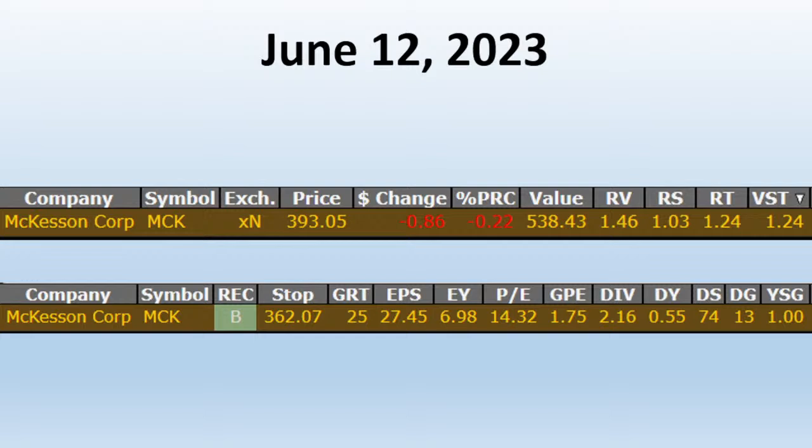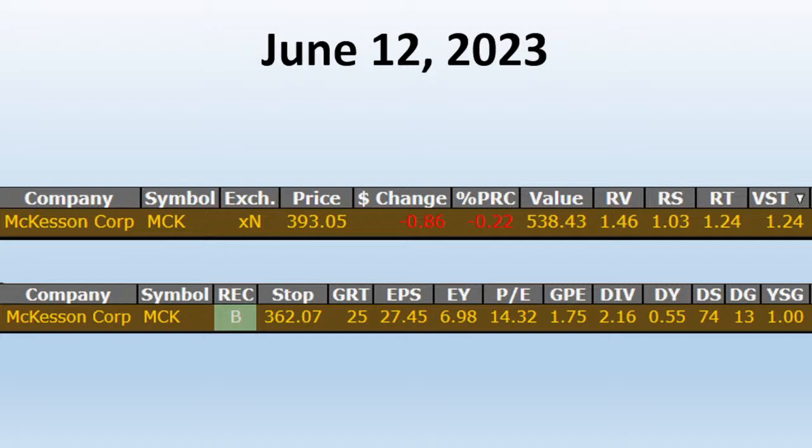We do as well, and we take that data and we provide you guys with information. So with a trading price of $393, and a value of $538, it's a grossly undervalued stock. A lot of upside potential here, and I don't care if I'm trading it or investing in it.